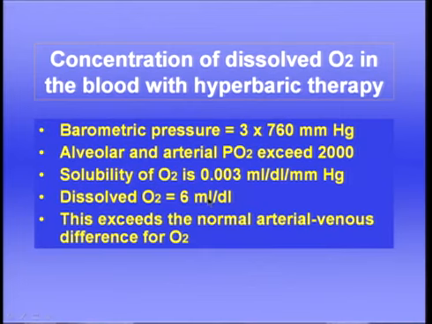So it's an enormous concentration of oxygen just in solution. This actually exceeds the normal arterial venous difference for oxygen. So in principle, you could treat a patient like this who had no red blood cells at all. You could maintain his oxygenation.